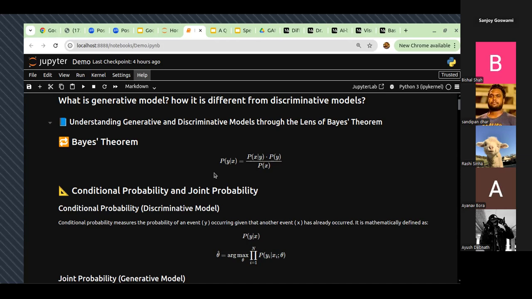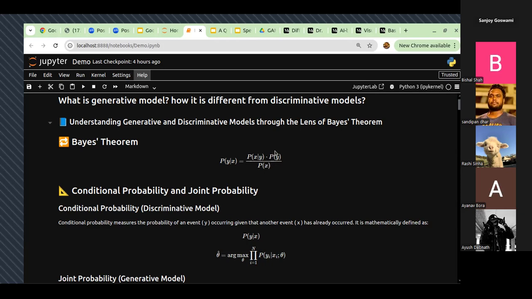So using Bayes theorem, we can understand this conditional probability is nothing but probability of X given Y, times probability of Y, divided by probability of X. So what is the probability of X? The probability of X is basically the input data.